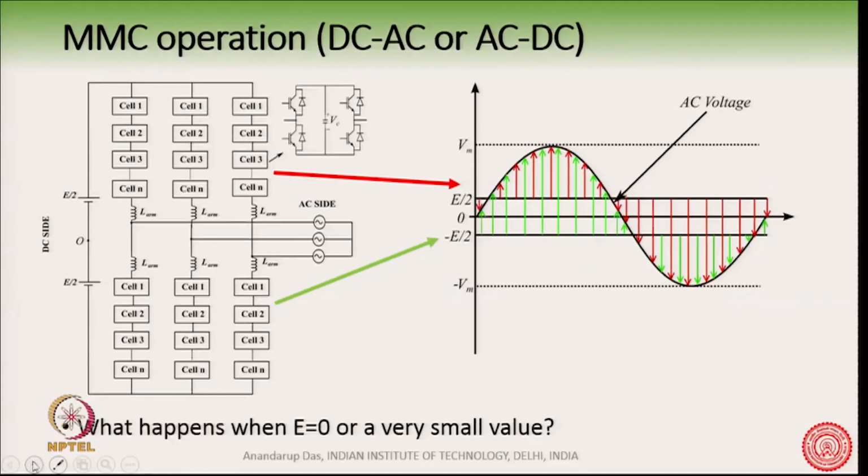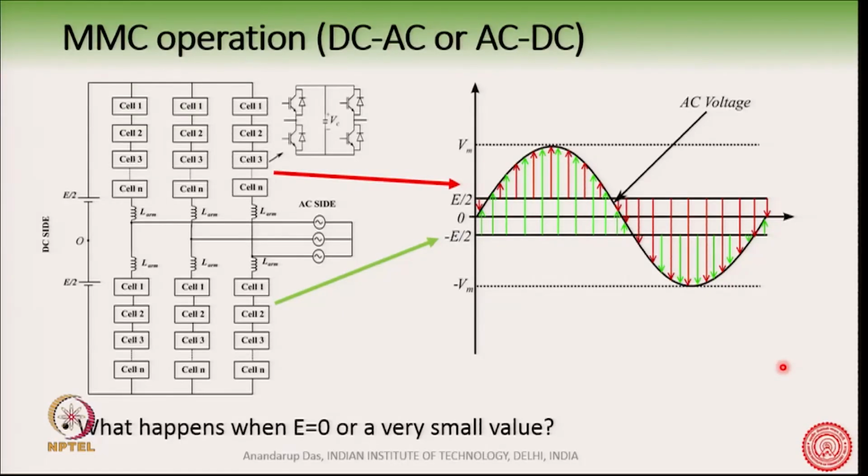Now, what happens if we go on reducing the DC voltage? This is something very interesting. If you go on decreasing the DC voltage, you can go up to E equal to 0 or a very small value, it is a possibility.